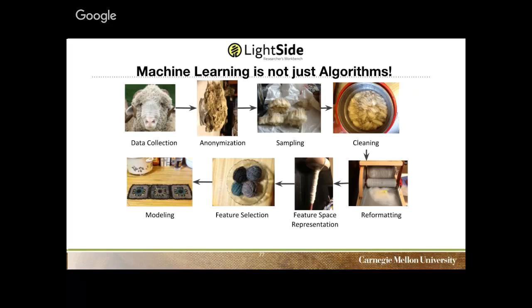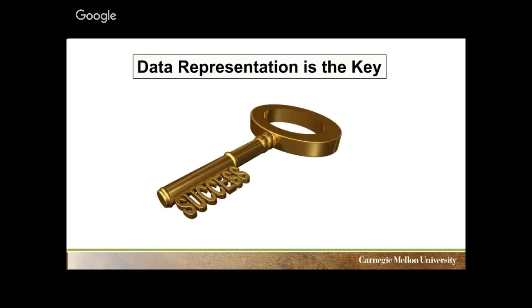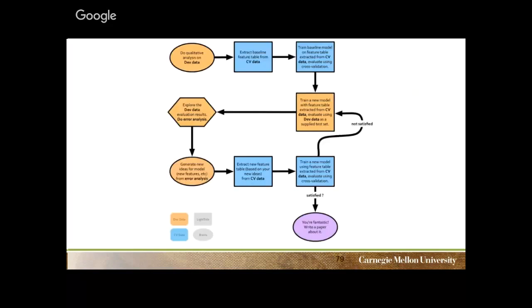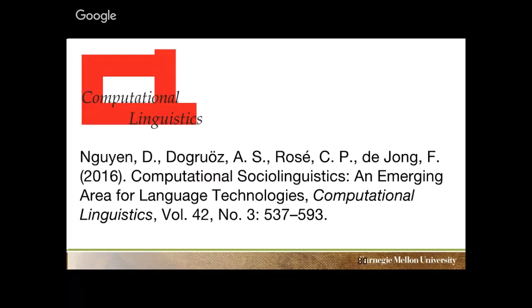And so that's why it's so important not to forget about the process of feature representation and to think about how that can be iterative. And this iterative process is very much built into this tool bench. And so I encourage you, if you're interested, to download it, read the user's manual, and start to play around with it.